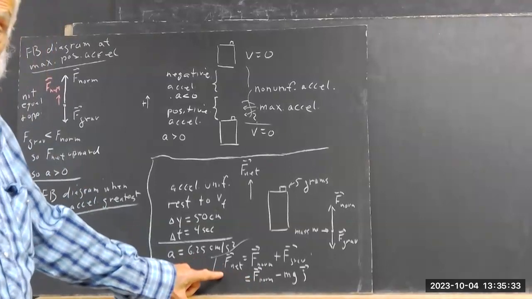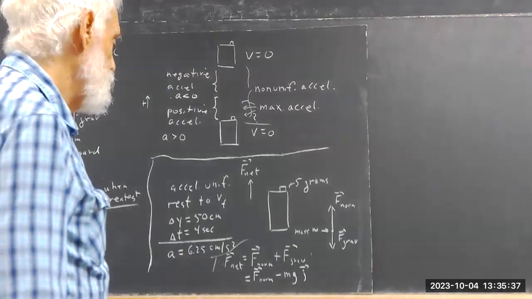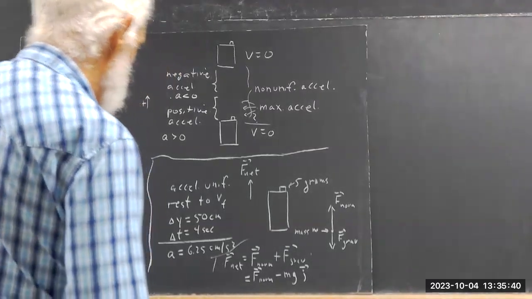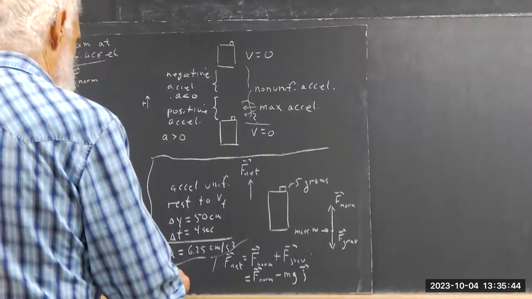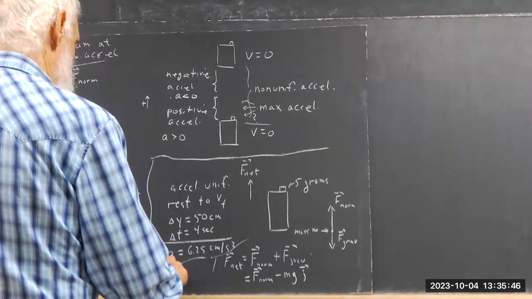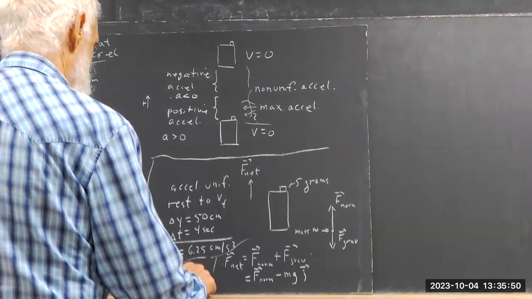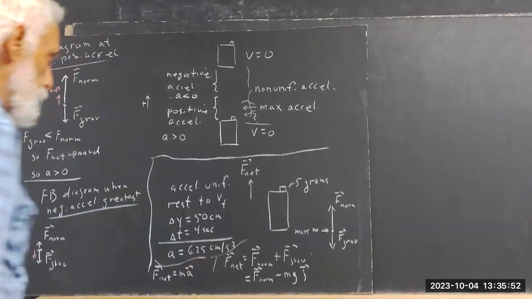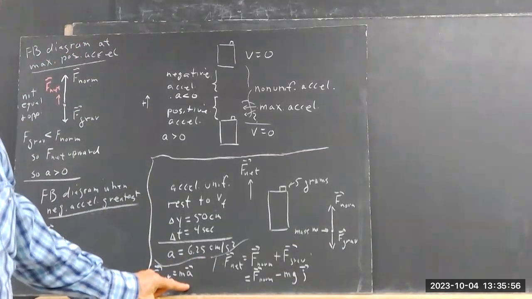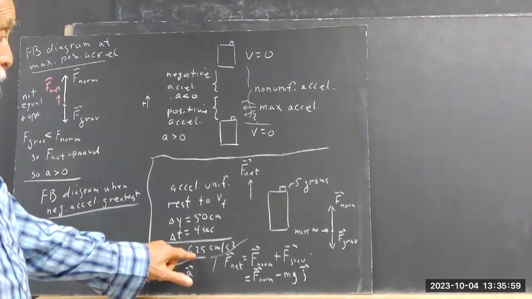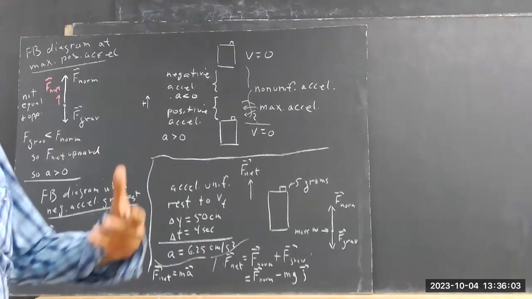But what's F net? F net's your mass times your acceleration. Your acceleration is 6.25 centimeters per second squared times the mass.